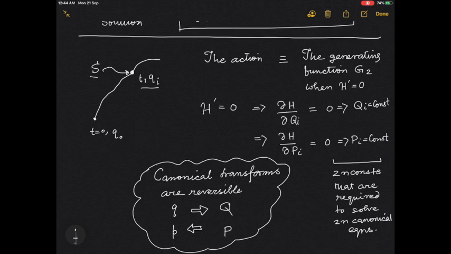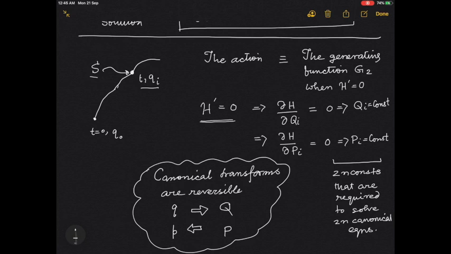Let's see what we have got so far. We have realized that the action in this type of variations actually gives me the trajectory. Then we realized that if I would have chosen a canonical transformation with a generating function G2 such that in the transformed coordinates the Hamiltonian is 0, then that generating function is essentially the action.